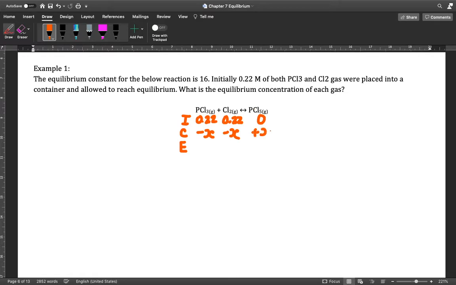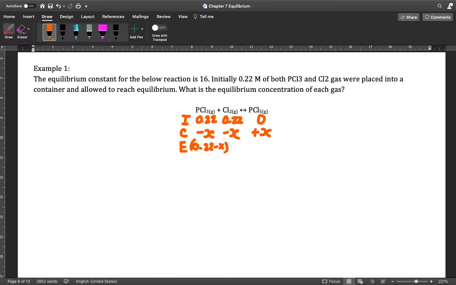So this is going to be plus X. Because the mole ratios are 1 to 1 to 1, I'm just going to write minus X and minus X for the reactants, and plus X for the product.